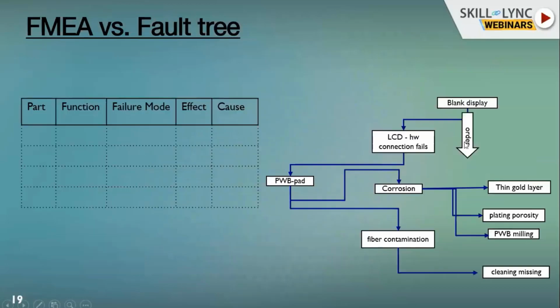This is just a difference between fault tree and FMEA, where FMEA goes horizontally: you start with the part or functional block, function, failure mode, effect, causes. Fault tree starts with the end effect, and then it looks at what is causing that effect. So it's like a tree; from the top, you go down.